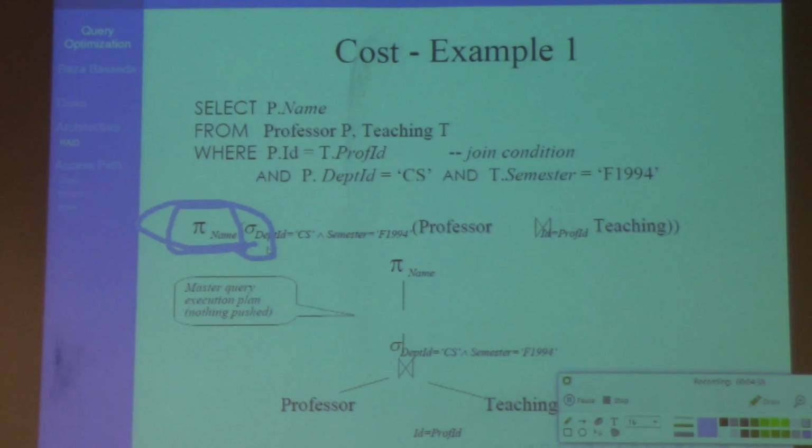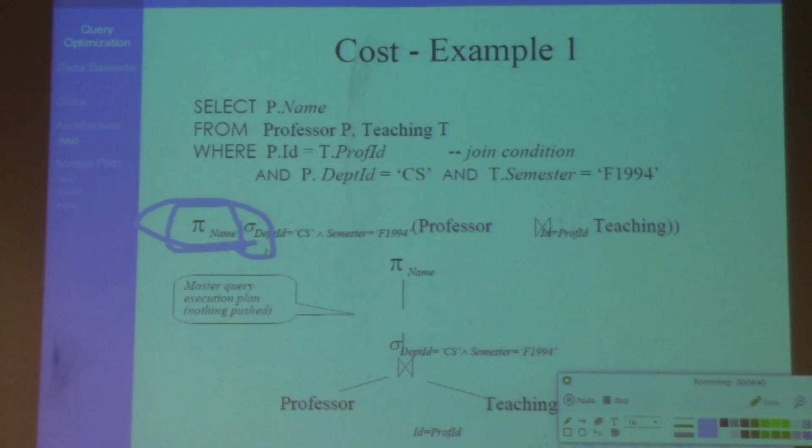And we learned that if we apply projection as soon as possible, then the temporary tables will be smaller, right? So can I move this P name to these parentheses, to any of these parentheses? Yes. Why, Peter? Because it's all we care about from the professor table.